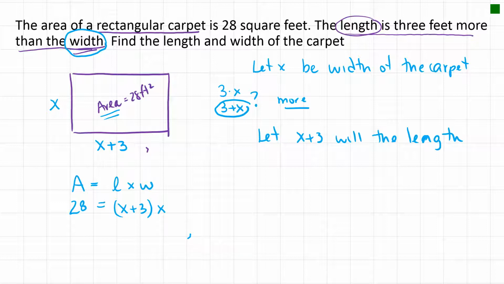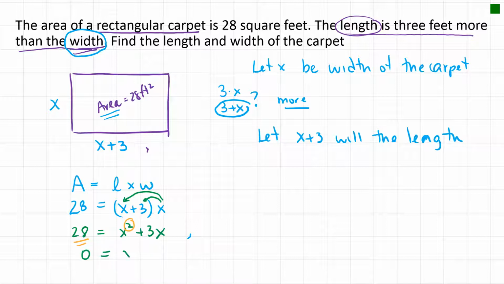So now I've got an equation and I'm going to multiply the x into the bracket. Even though I wrote the x after the bracket, I still multiply it in, and I get 28 equals x squared plus 3x. Well, this is a quadratic equation, which means I'm going to make this side 0 and solve.